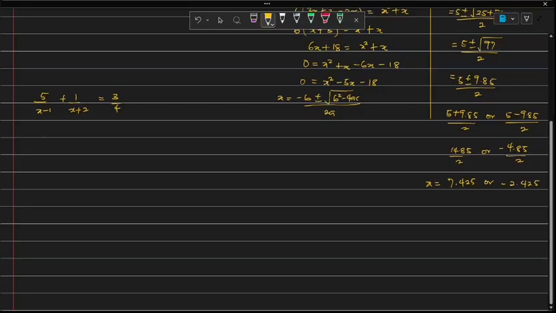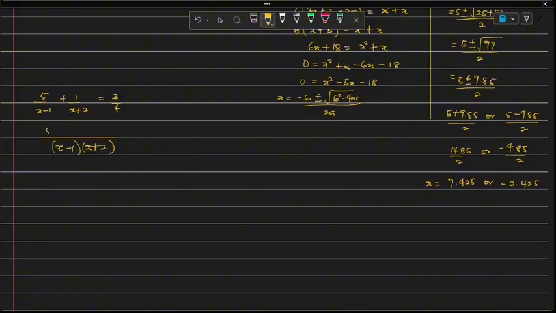So the LCM is x minus 1 into bracket x plus 2. If this is divided by x minus 1, I'm left with only x plus 2.